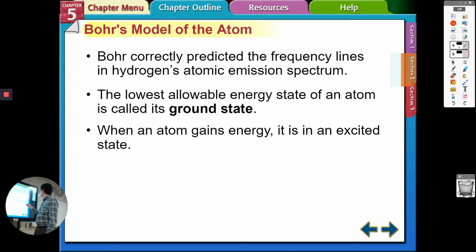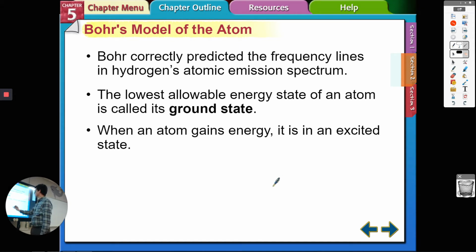So basically, let me just spend a little bit of time drawing this. There we go. Little nucleus. This is a hydrogen atom, right? There's one electron, one proton. This is the electron's ground state.